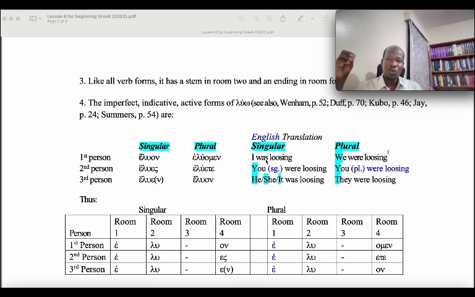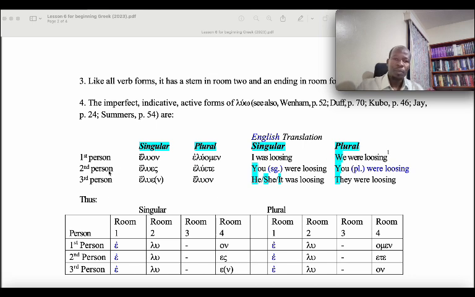When you use the imperfect, it is past, but it is past repeated action, or past and completed action, or something that began in the past and continued without being finished in that past time. So I was losing in the singular, and in the plural we were losing.